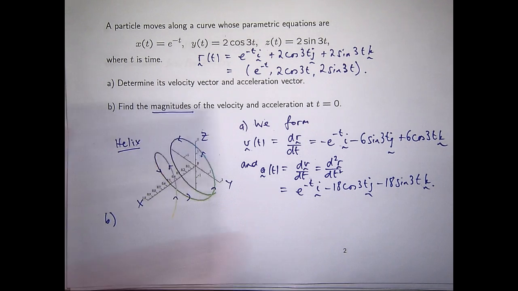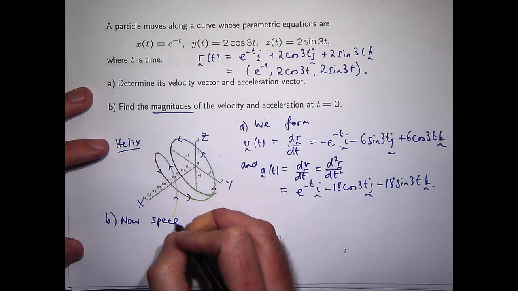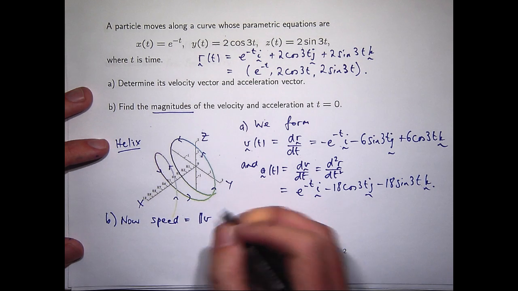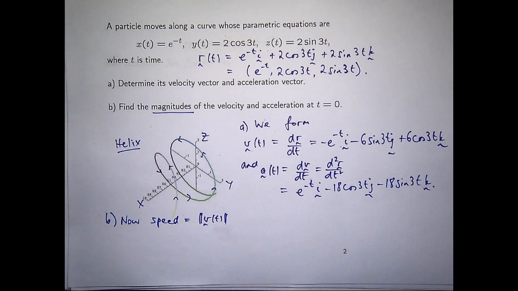Now, the magnitude of the velocity. Can anyone tell me what that would represent? The speed, right? And it should be a number, not a vector. It's definitely a number, not a vector. So I'm just going to calculate the magnitude for any point t, and then I'll plug in t equals 0.